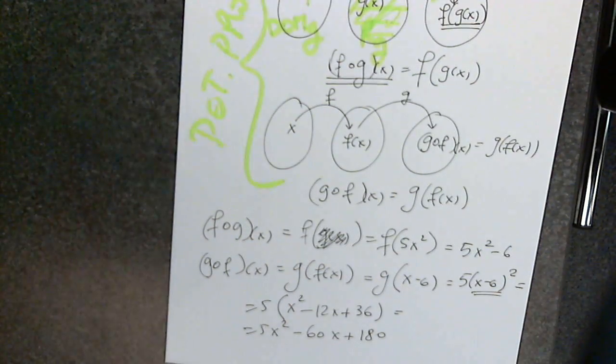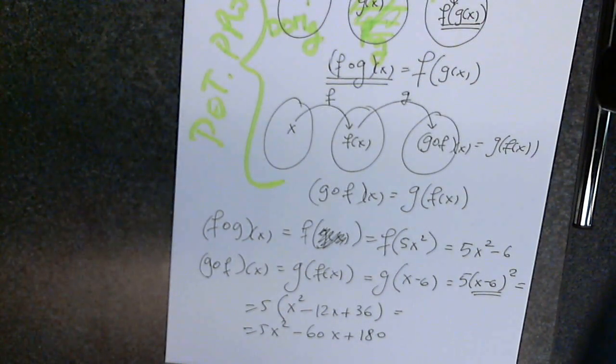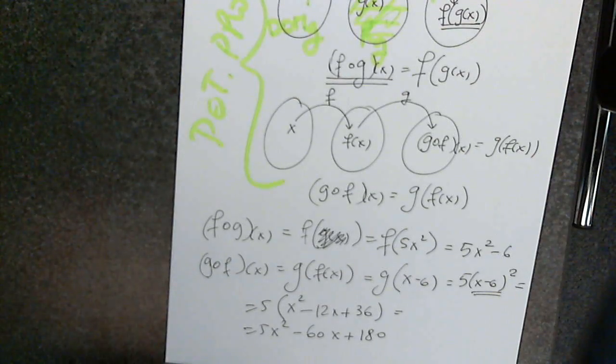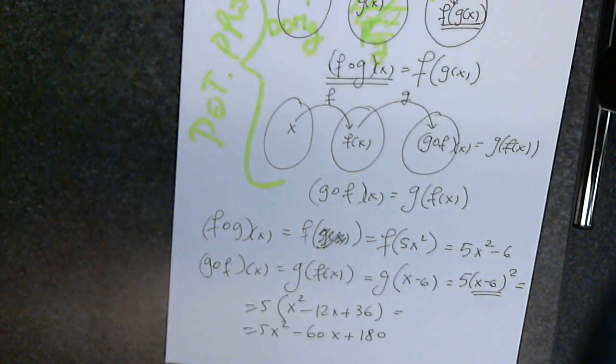The chain will not continue. The chain will be broken. So I apply G to 5 and I get 10. But then F cannot be applied to 10. So I cannot get to this set because F is not defined at 10.